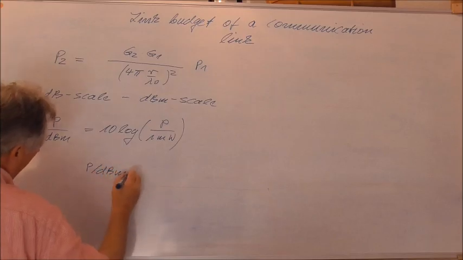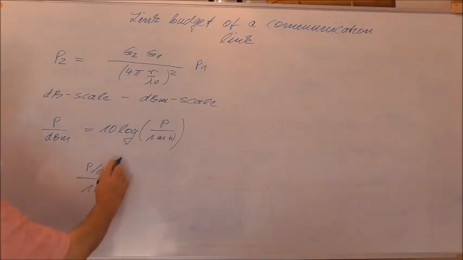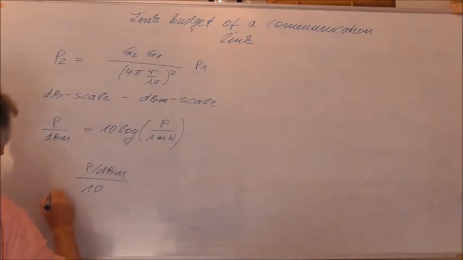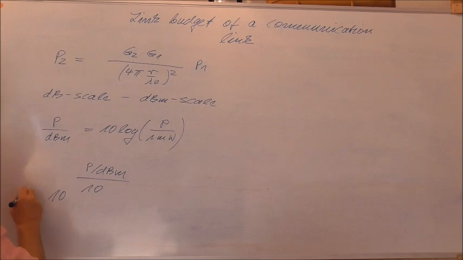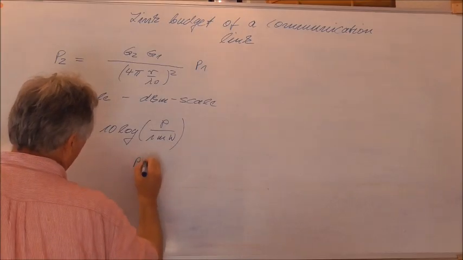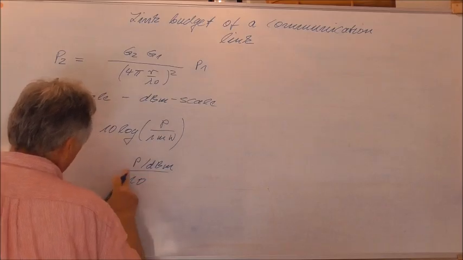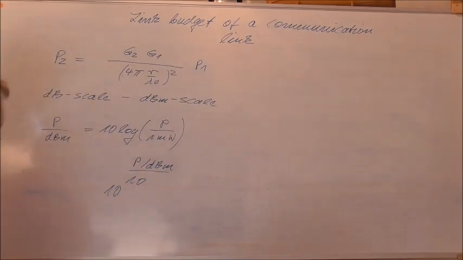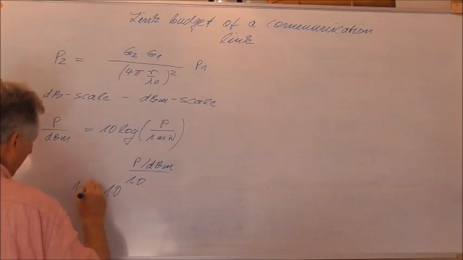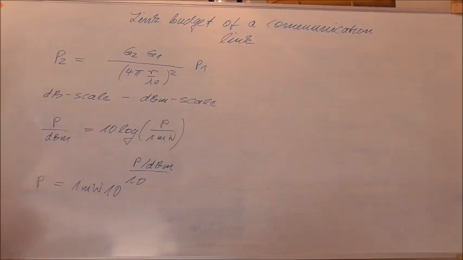I must divide it by 10, and then I have to take 10 to the power of that, so again P divided by dBm divided by 10, taken to the power of 10, and multiplied by 1 milliwatt, so we get P again in milliwatt.